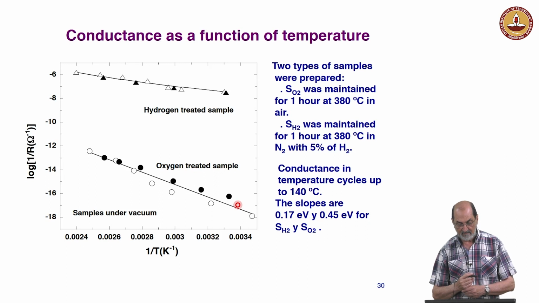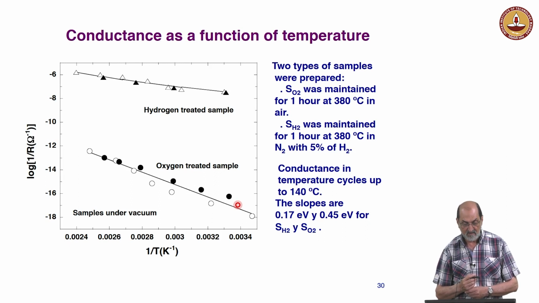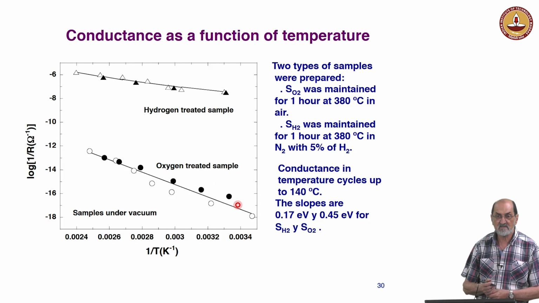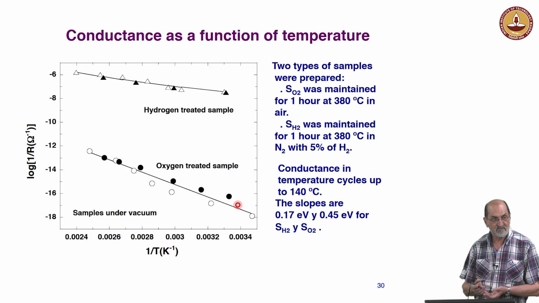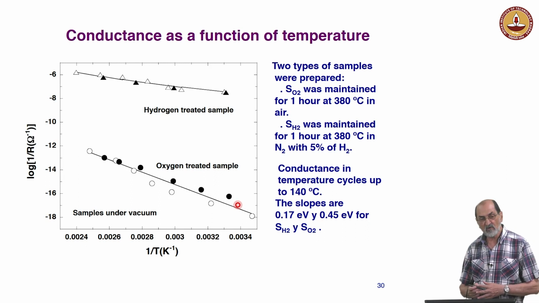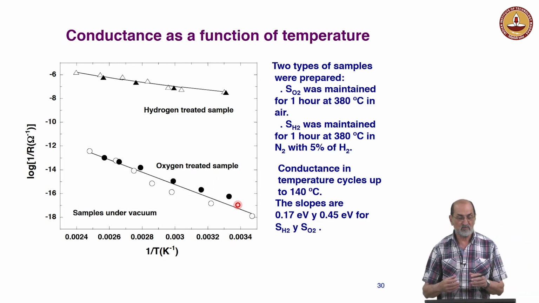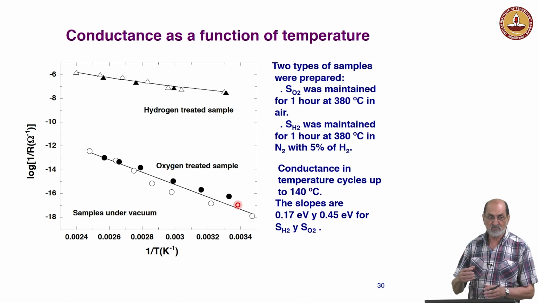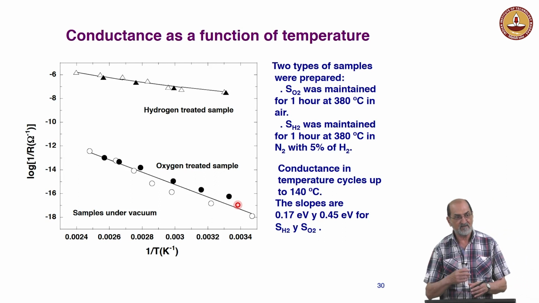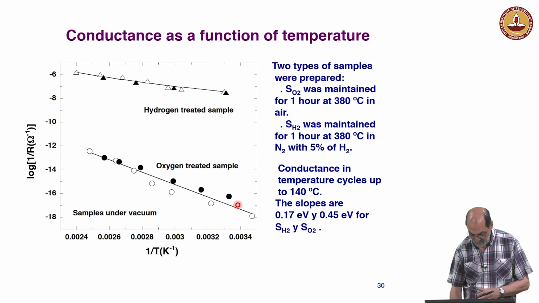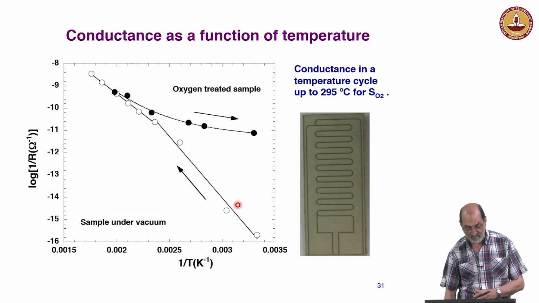Well, the fact is that when you run XPS, the samples are under vacuum, under any atmosphere they are the same. So if there is a change in them, it's internal, it's not external. But they told me that maybe when you did the treatment with hydrogen, the surface was altered, and that did not change. Well, okay, let's go on.